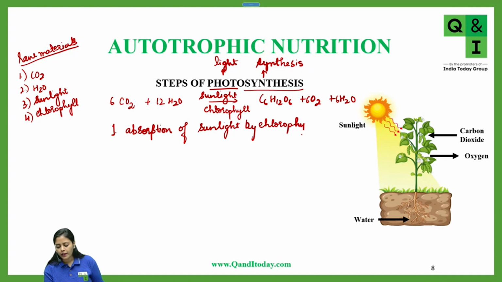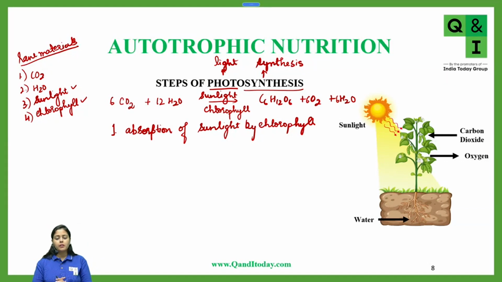So here two of the raw materials are getting utilized. The chlorophyll is present in the plant itself, and it is absorbing sunlight. So two components are getting utilized here.